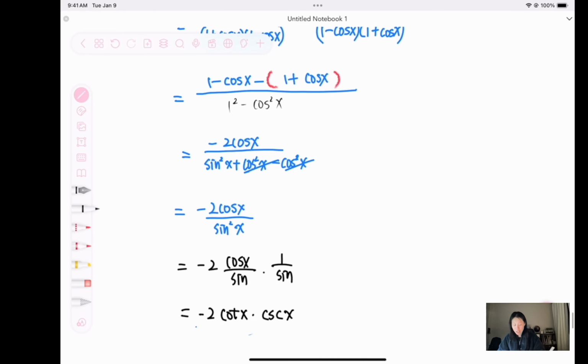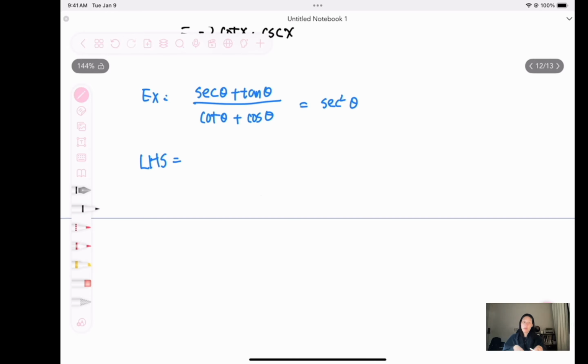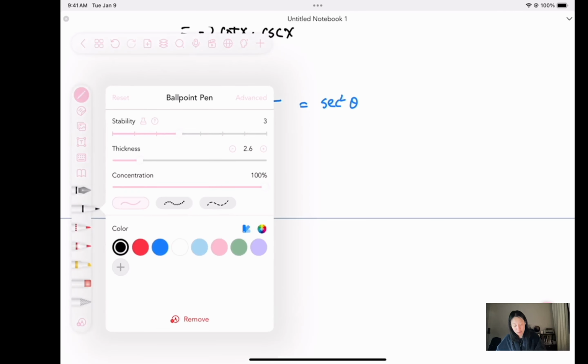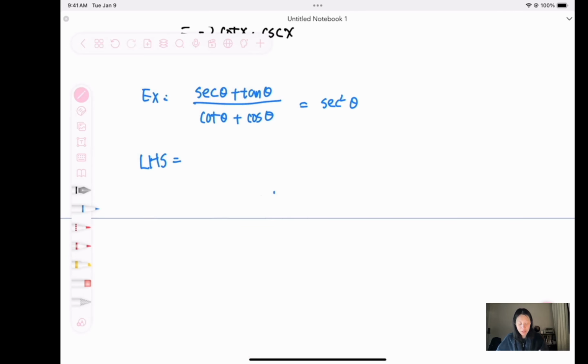Second example, try to pause and do it by yourself and come back and check the answer. See what you got. Okay, the left-hand side is secant plus tangent over cotangent plus cosine. First, always convert this into sine and cosine.